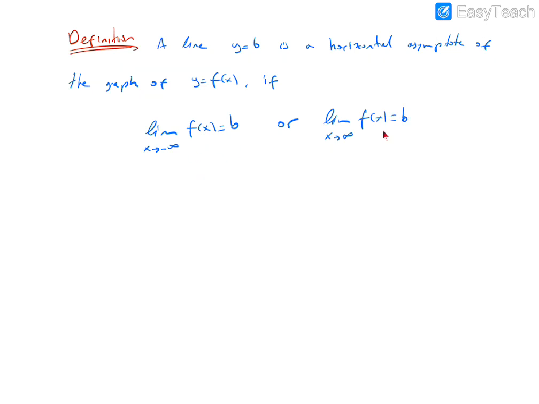One of them is actually enough for these two limits. If you have a different limit value, for example, this is B and this is C, you can say y equals B and y equals C are horizontal asymptotes. y equals B is from the left side, y equals C is from the right side, etc. When solving questions, you will see those differences.